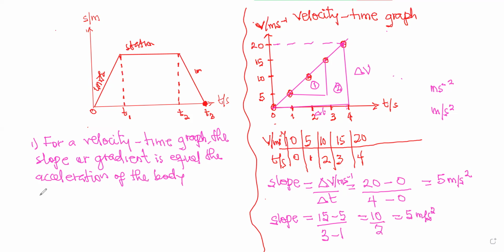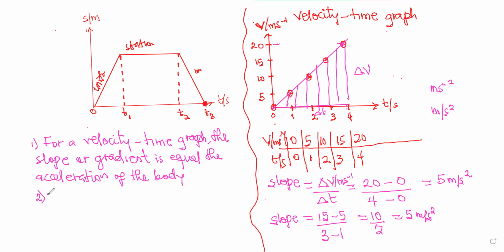Two, for a velocity time graph, the area under the straight line, this is a straight line. Let me clear the triangle. If we find this area, the area under the straight line, this will give you the total distance covered by the body.